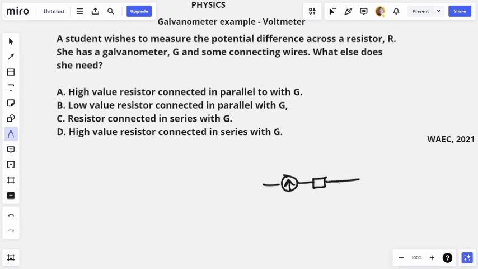By multiplier I mean a resistor in series with it, and that resistor must be a high value resistor R. So the answer to this question is D. What she needs to do is connect a high value resistor in series with the galvanometer to achieve a voltmeter.